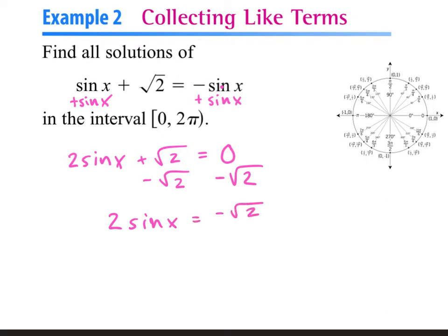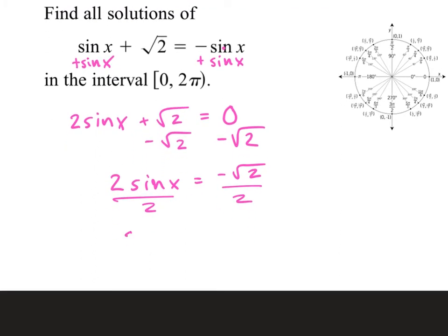And now what? Divide by 2. So sine of x is equal to negative square root 2 over 2. Now that we have the sine all by itself is when we go to the unit circle. So if we have sine, which value are we looking at, the x or the y? The y. So again, we are looking at the y values on our unit circle.